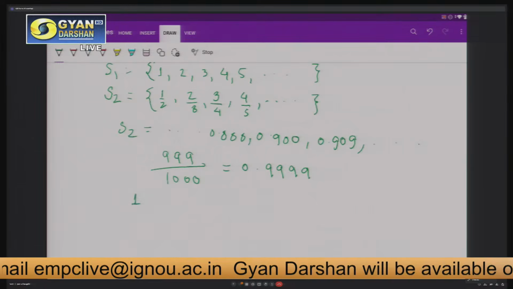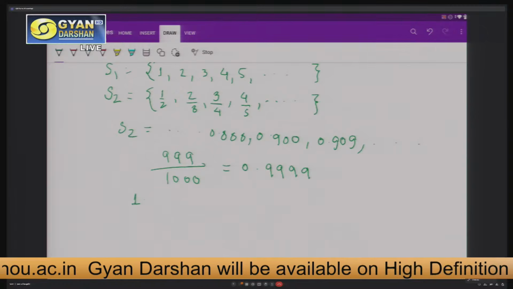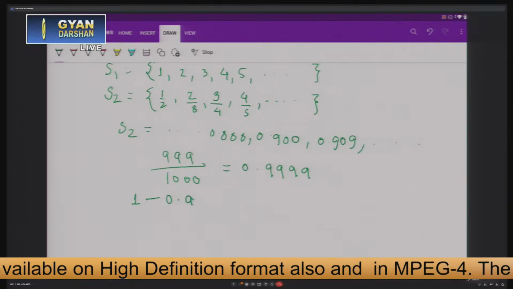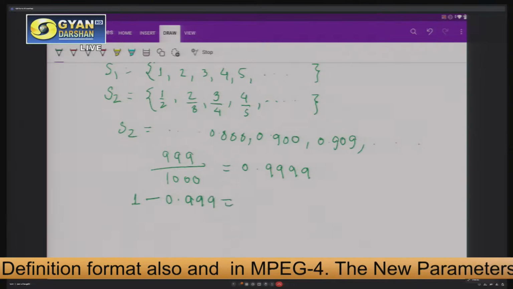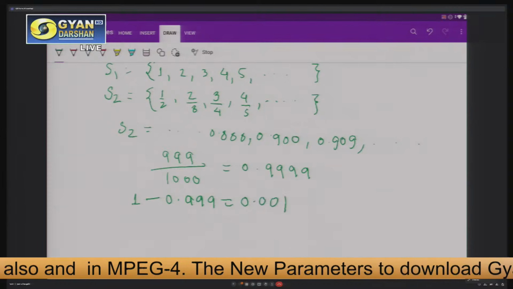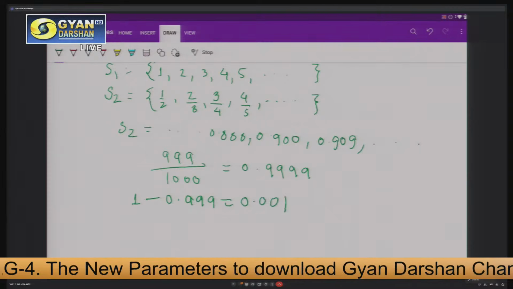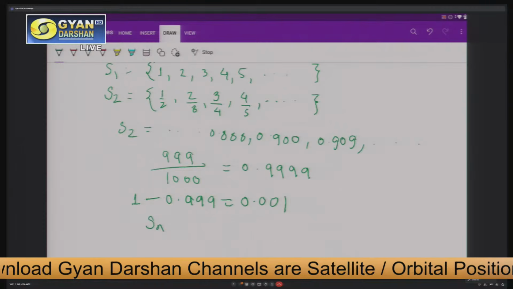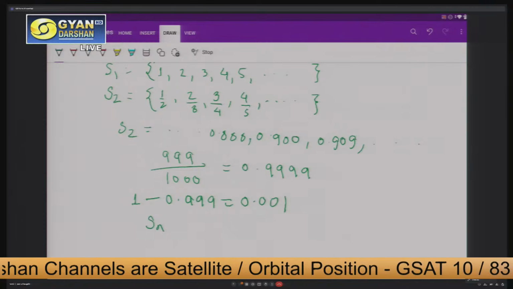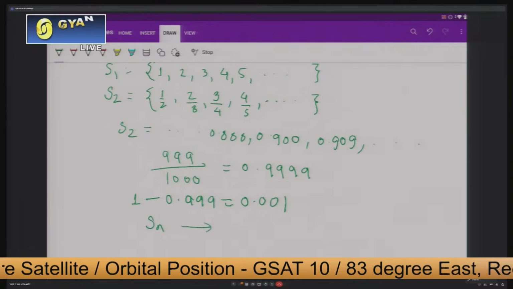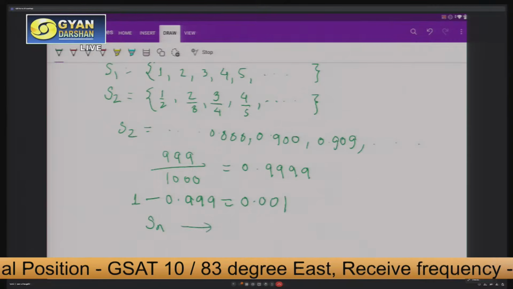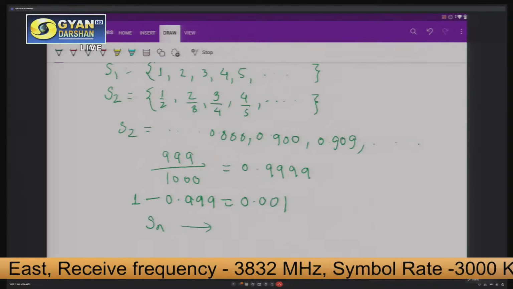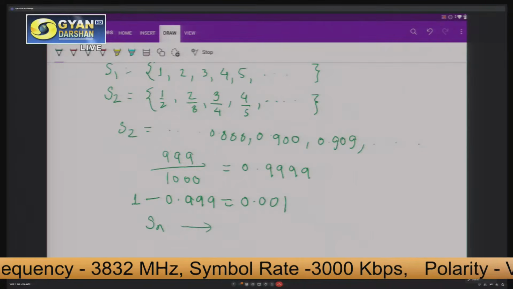If I take 1 minus 0.999, it will be 0.001. As I go on increasing n, this difference will become lower, and the value of Sn will become more and more nearer to 1.